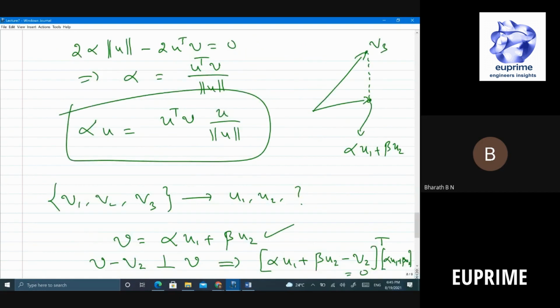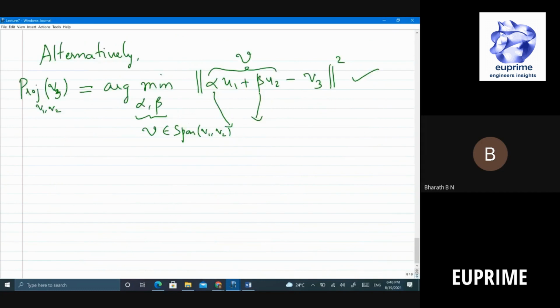So what is the solution of such a problem in function spaces? Same thing. It's quite interesting. If I want to project onto something, the solution will be very close to what we have. It's just that the language is different. Instead of saying U transpose V, you'll say inner product of something with something. That's all. It's quite general. We will also solve the same problem using optimization techniques.